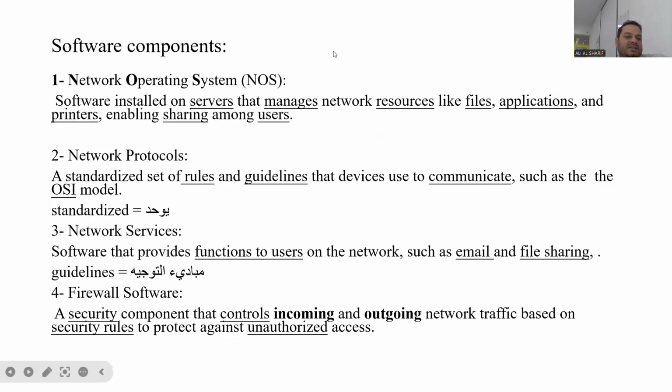Let's take a little more detailed information on all of these previous points. The NOS, the Network Operating System, is a software, sure, and it runs services that manage and drive the network resources, such as files and applications, and here it's important, enabling sharing among users.